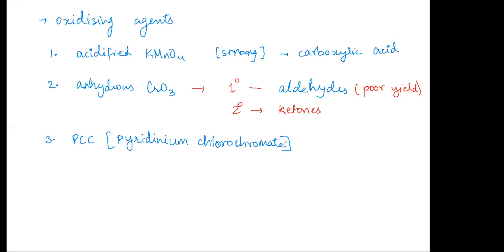Okay. So this oxidizes alcohols to aldehydes, and this gives a good yield. So if you want to commercially produce aldehydes by oxidation of alcohols, it is better to use PCC as compared to anhydrous CrO3. Okay.